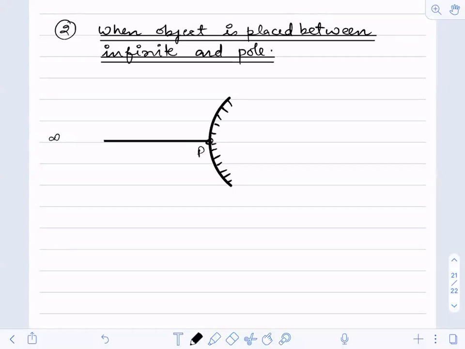My object is kept somewhere in between pole and infinite, so let us assume this is my object. Now I will draw the ray diagram for this. First thing is I will plot its focus. Suppose this is the focus.